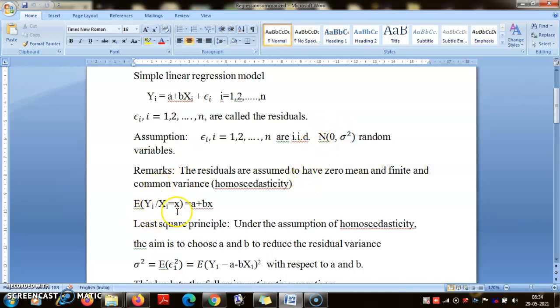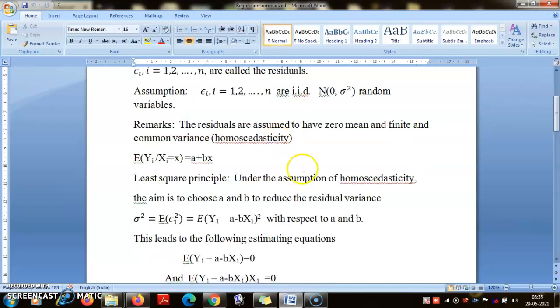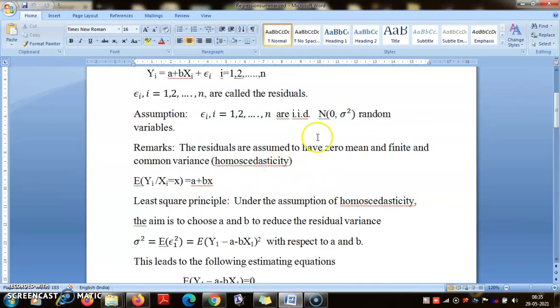So the interpretation of the regression model is that it is used to model the mean of the conditional distribution of y given x under these assumptions. Okay, principle of least squares. Under the assumption that the residuals have a common variance, what we try to do is choose a and b in such a way that this residual variance is minimized, because the mean is 0.